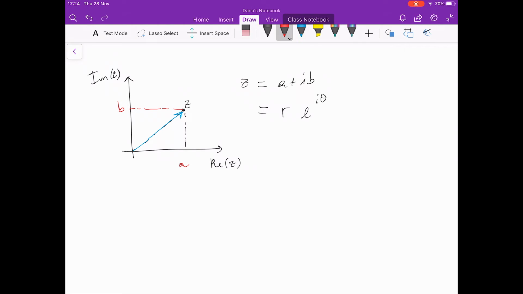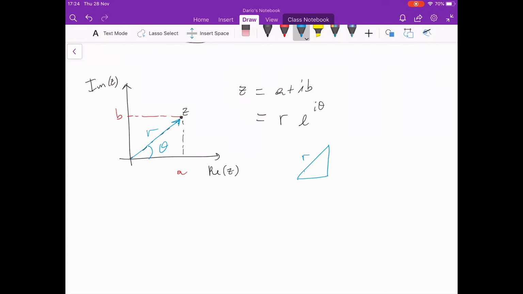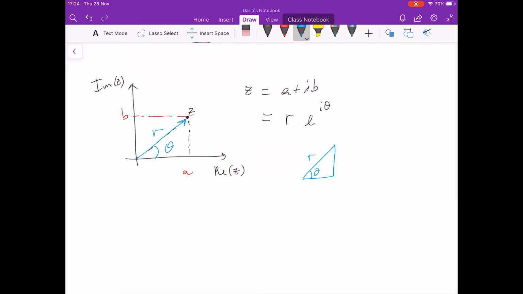The polar expression of this number is r e to the i theta. What that means, though, in terms of this diagram is very simple. It just means that theta is this angle here, and r is the length of the arrow. Knowing that, we can use the properties of right triangles. In this case, our triangle is r, angle theta there, right angle here, and then we have a and b, because this one is essentially the same as b.